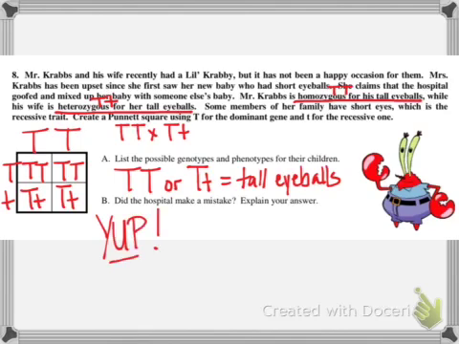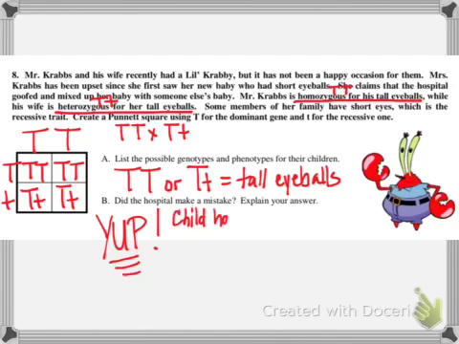Absolutely. Alright? If these are the genotypes for Mr. Krabs and his wife, there's no way they would ever have a kid with short eyeballs. So they got a big lawsuit on their hands, and hopefully they get their real baby, and then they'll live in some mansion down in the ocean.